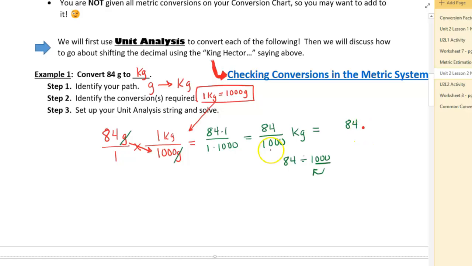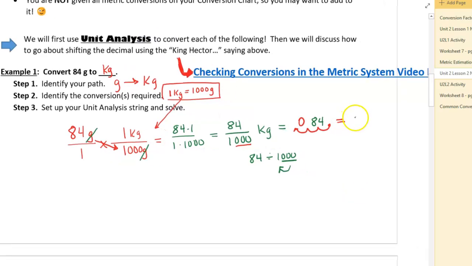We're going to move it 3 places to the left, 1, 2, 3, which means we're going to need to add in a 0. So our final answer will be 0.084 kilograms. And it's a good habit to put this 0 in the front just to kind of sandwich that decimal point so you don't lose sight of it.